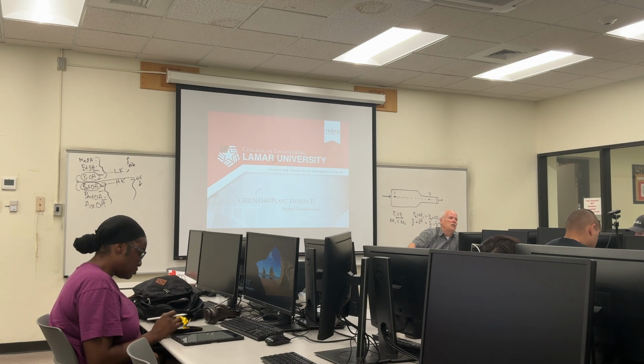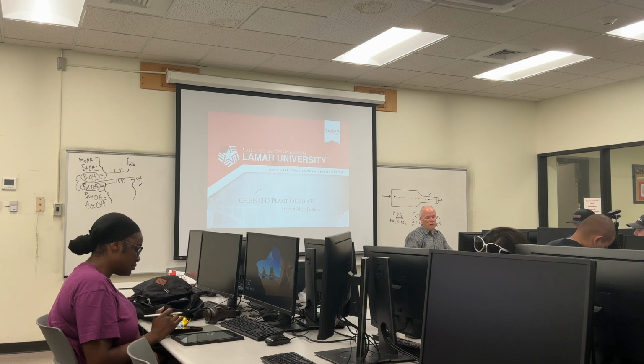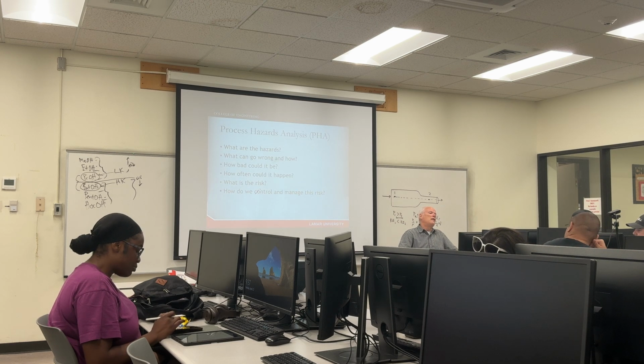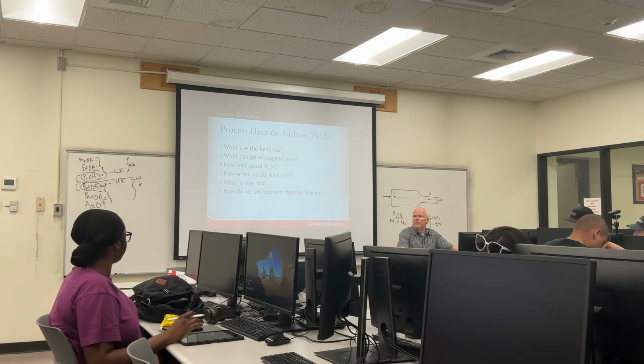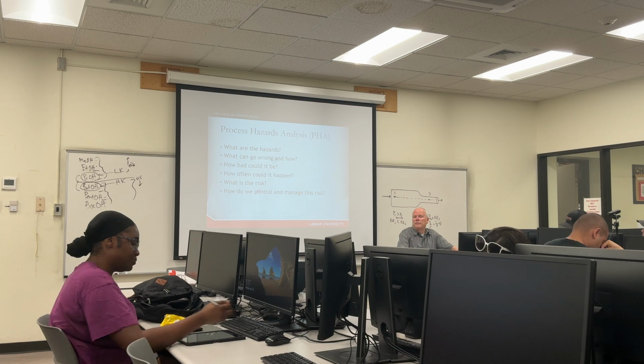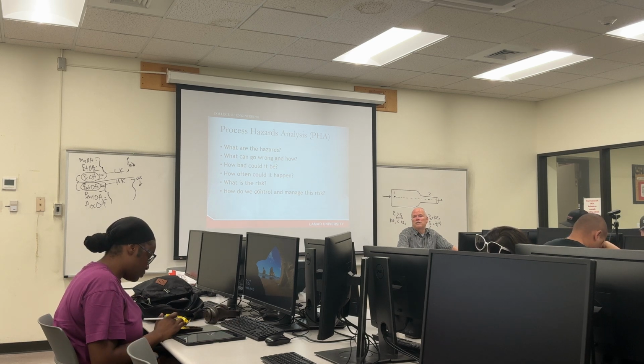And when we talk about safety for these projects, this is what we mean. This is what we mean, okay? So hazard identification, we talk about a process hazard analysis. Process hazard analysis comes from the regulations that are called the process safety management.